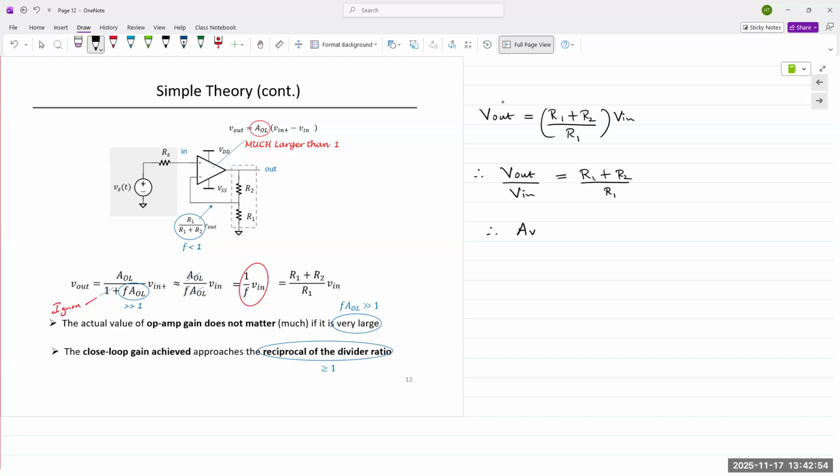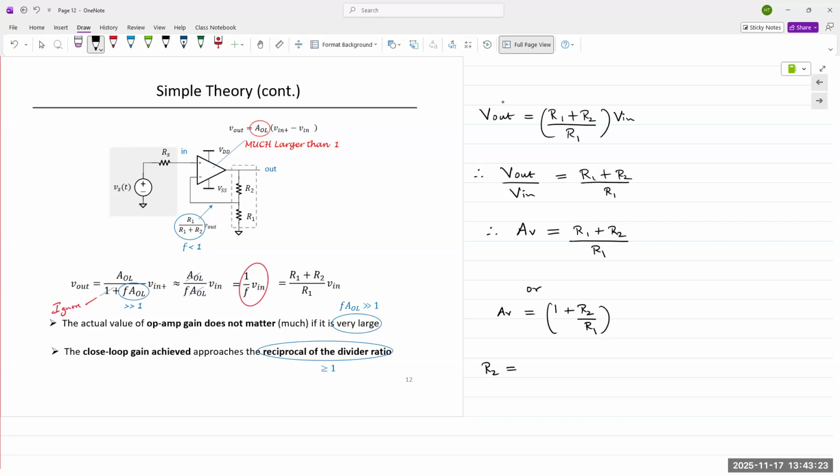You can also describe this as closed loop gain ACL, and write this as R1 plus R2 over R1. Or the more common form: the gain of a non-inverting amplifier is given by 1 plus R2 over R1.